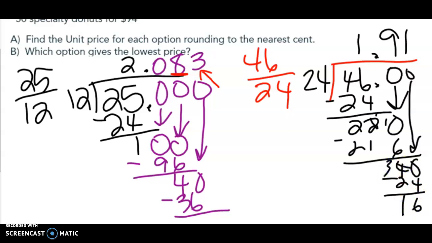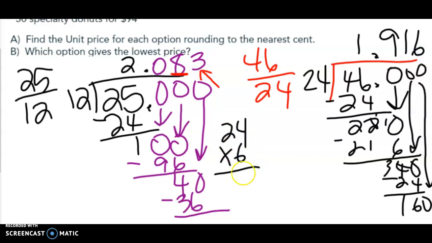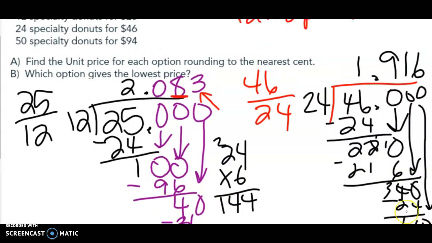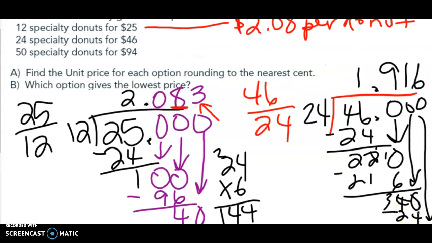And if I add another 0 just so I can divide and round to the nearest cent, I know that I can get 6 groups of 24. I'm going to go ahead and multiply over here because I don't have enough room. 6 times 4 is 24. Carry the 2. 12, 13, 14. So 144.